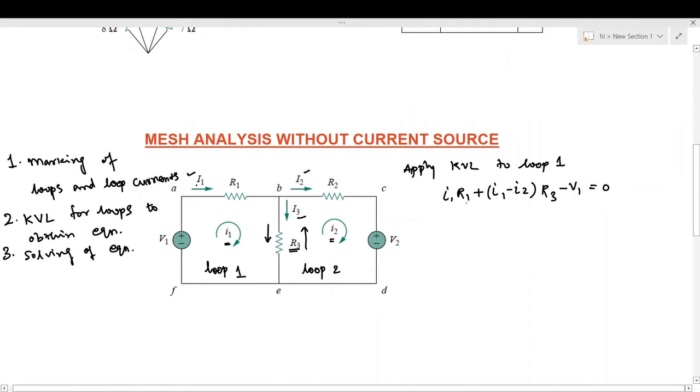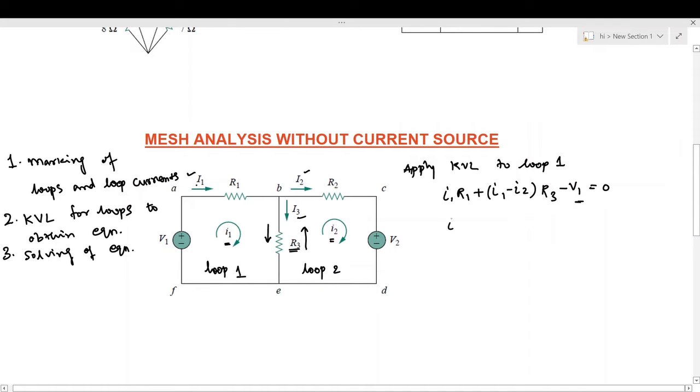This equation is obtained by applying KVL to loop 1. Now when we simplify this, we need to transfer the voltage terms to one side, current i1 terms to one place, and current i2 terms to one place.